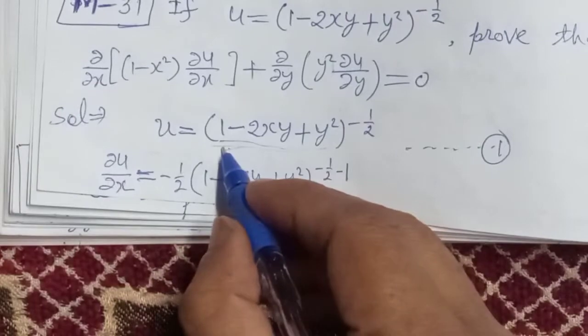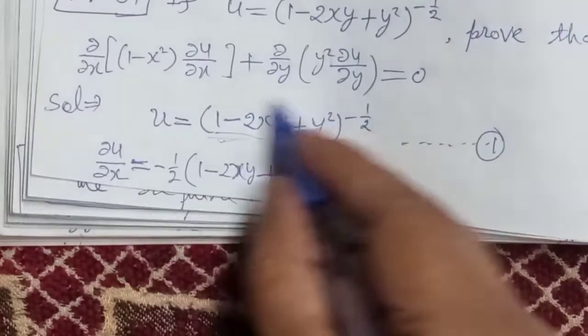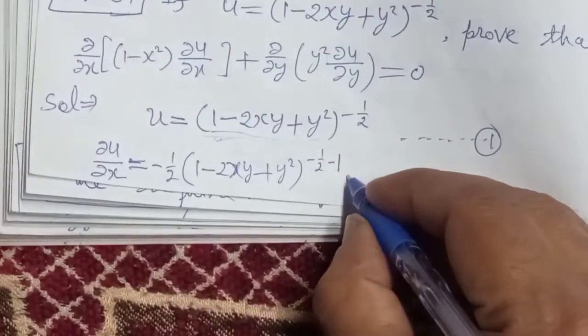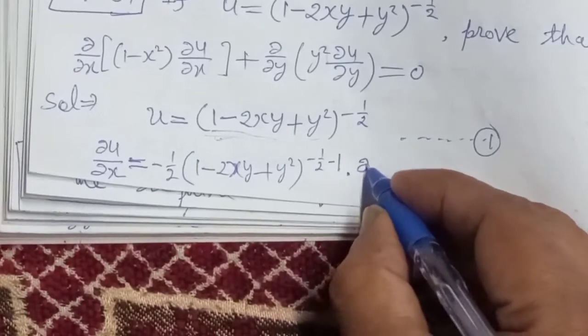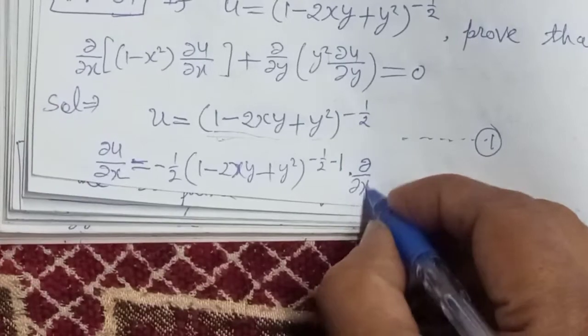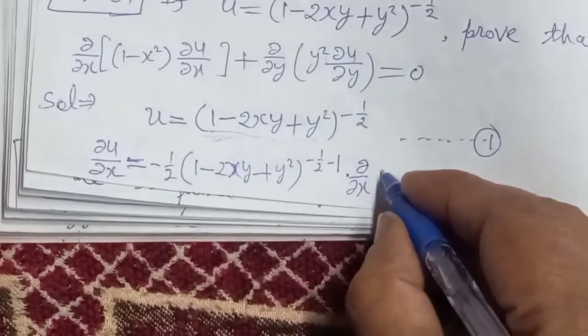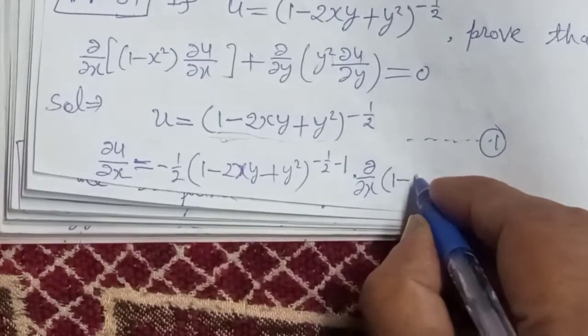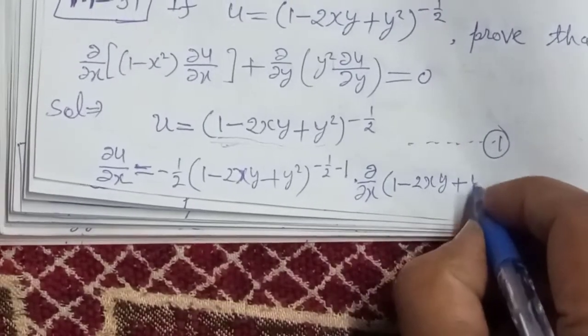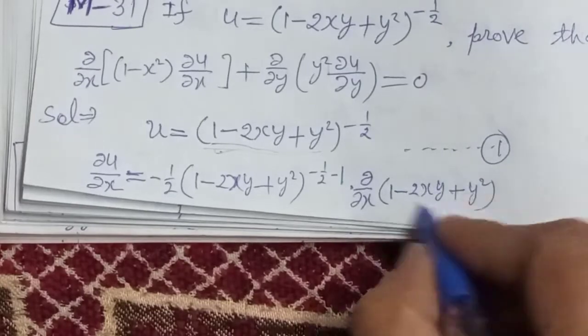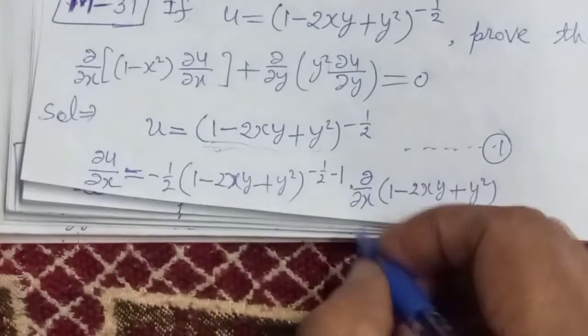What we are seeing here is not x, so according to the chain rule we must differentiate this value with respect to x. So differentiate 1 minus 2xy plus y square partially with respect to x.